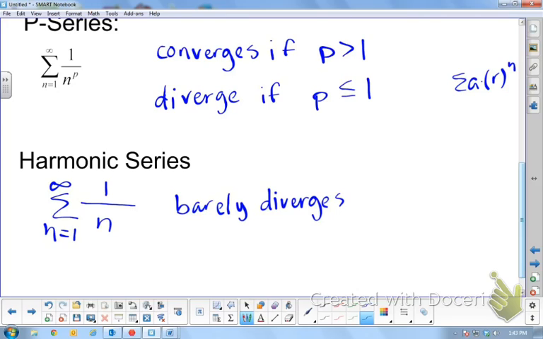So, for this to add up to be over 20, it takes 178,482,301 terms for this to add to something bigger than 20.